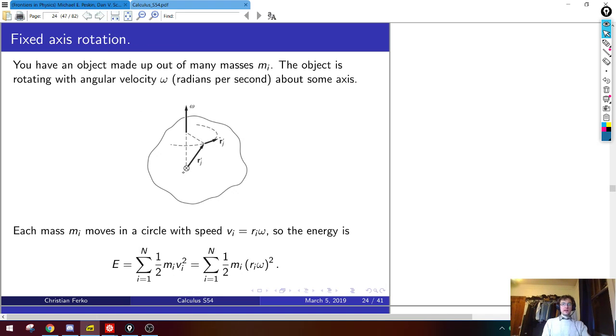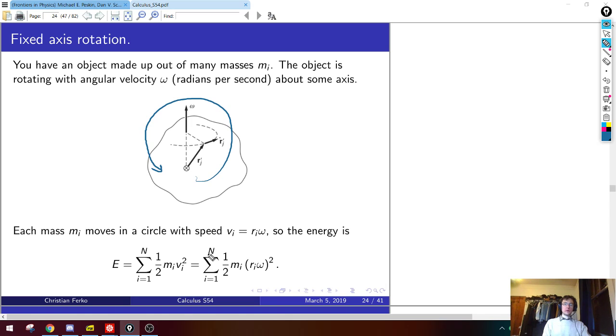So again, assume you have some random shaped object, some blob, which is again built out of many masses m sub i. And the whole blob is spinning with some angular velocity which we measure in radians per second, for reasons which you'll see shortly. So the whole thing is spinning about this axis with some number omega radians per second.